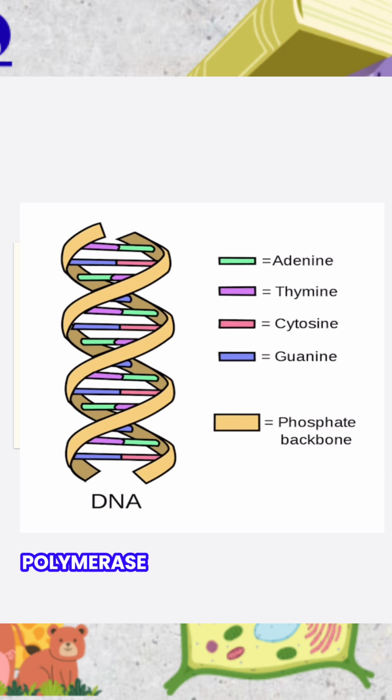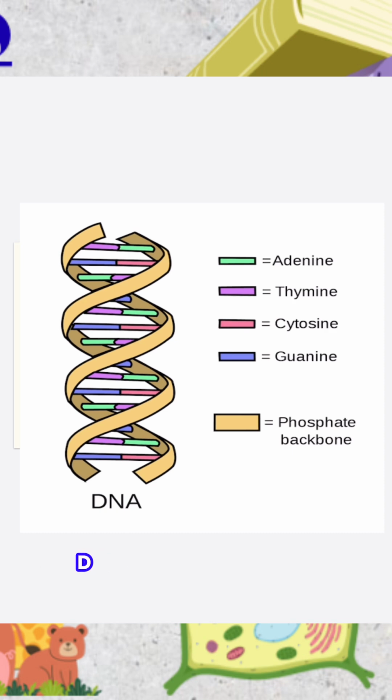Imagine it like drawing a starting line before a race begins. Do you understand? Before you start a race, all the racers have to stand at the starting point. That's exactly the work of primase.